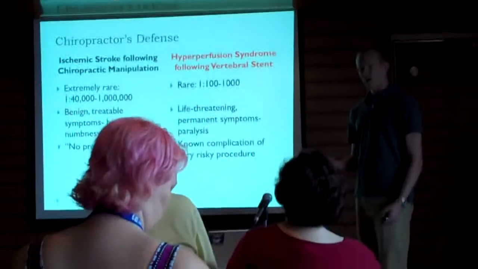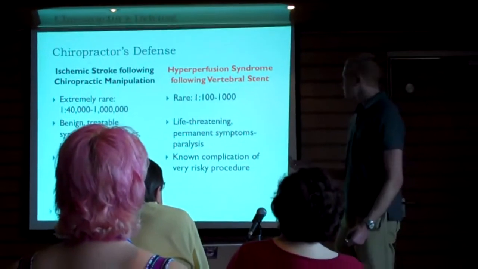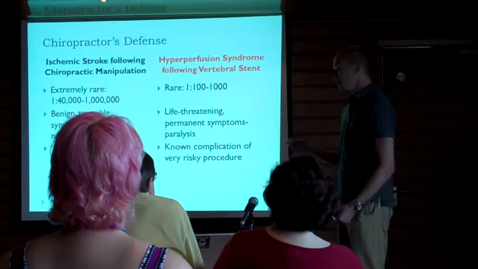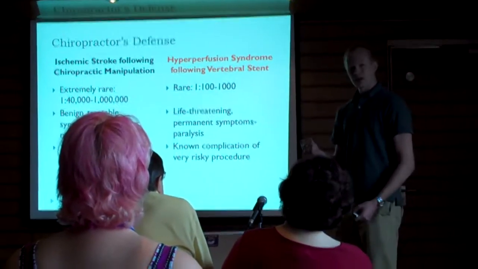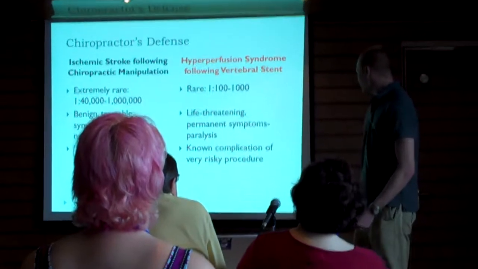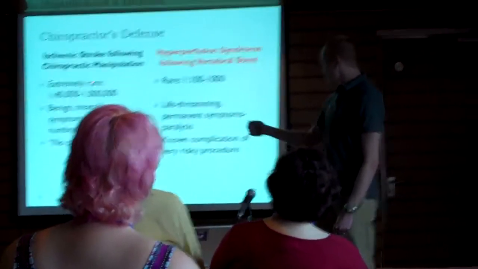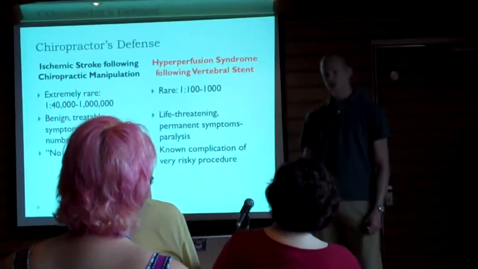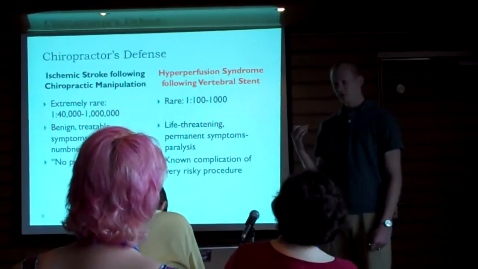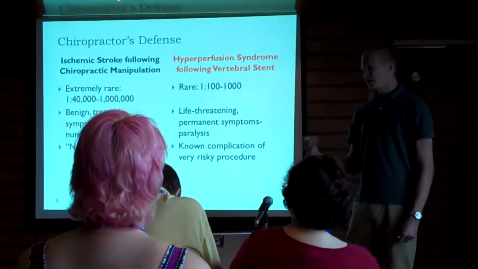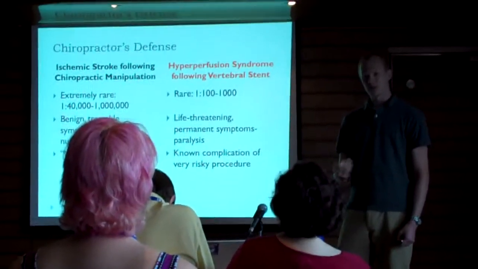This one over here, a chiropractor would say, well, he just had these benign symptoms, just some headaches, numbness. It wasn't that big a deal. We sent him to the hospital, and we tried to kill him. He has these permanent symptoms, this paralysis, and a chiropractor would also say there's no proven causal link between the manipulation and the dissection, because we don't get CTs on people when they're healthy.